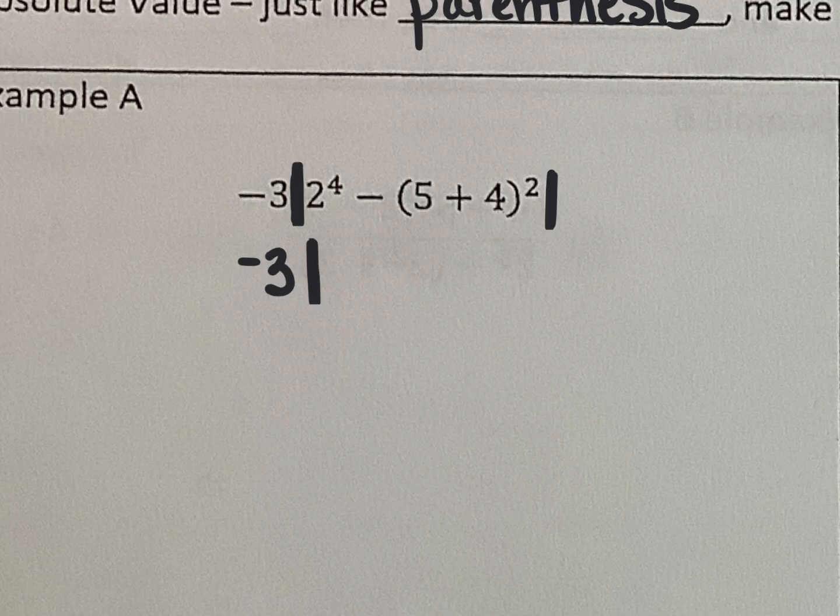Now inside of there, what am I going to do first? Parentheses first, right? Okay, so I'm going to have 2 to the 4th. The negative sign is there, what goes in the parenthesis? 5 plus 4? 9, good. And then the squared is still there, and the absolute value, of course, is still there.